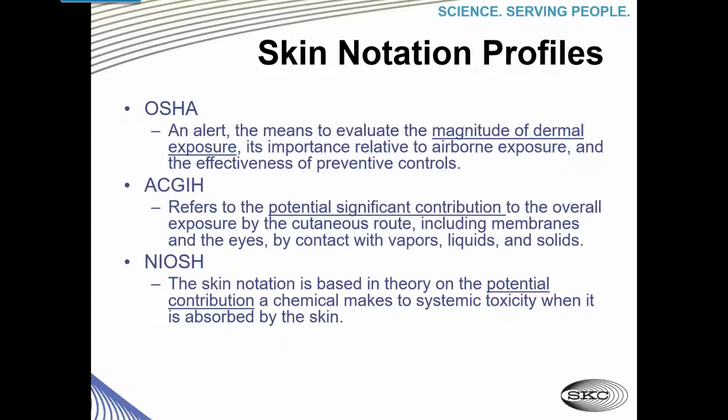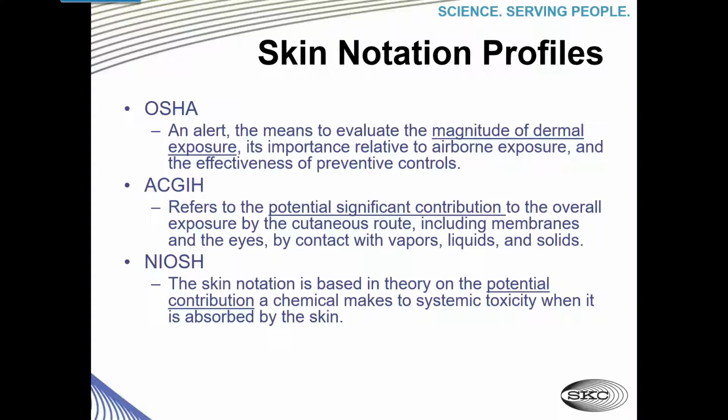Each entity has their definition and process on how these notations are demarcated, but overall it's the same principle. You can see here there are similar terms, underlined in this slide. We have magnitude of dermal exposure, potential significant contribution, and potential contribution.